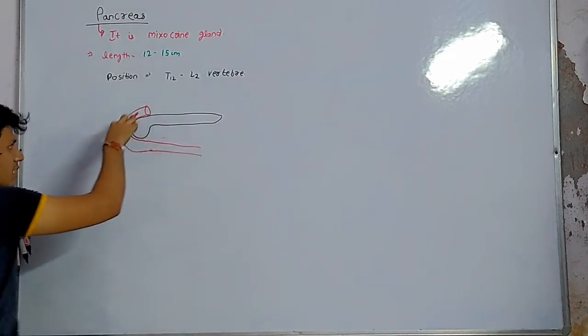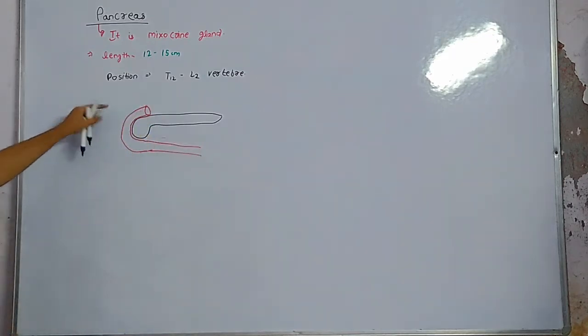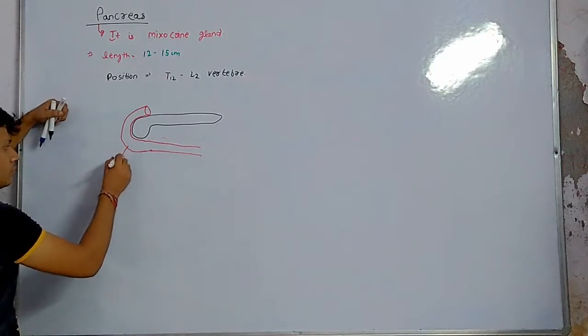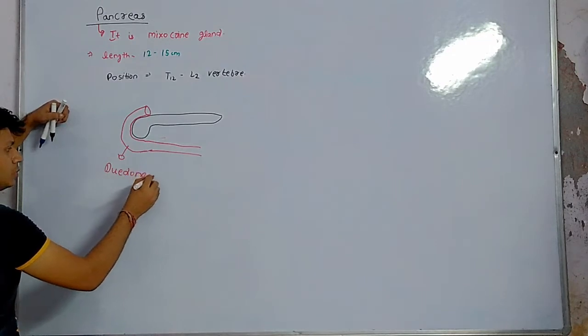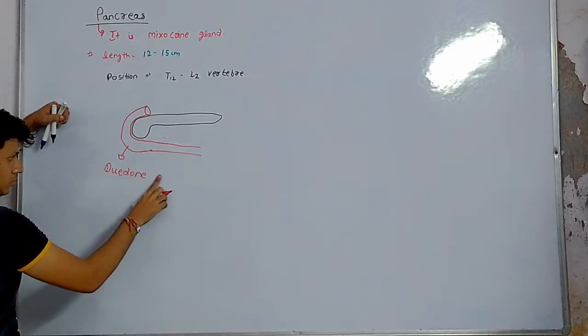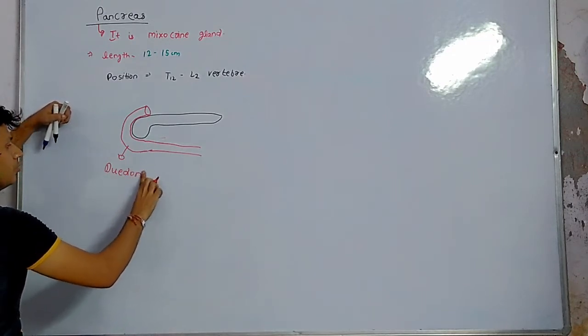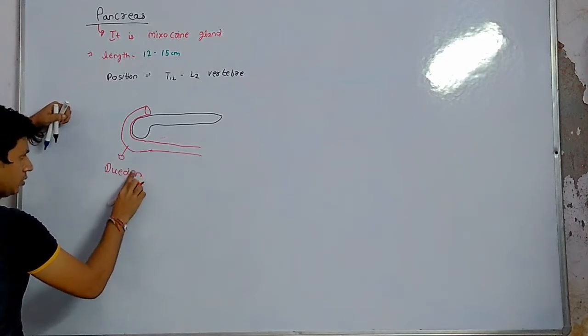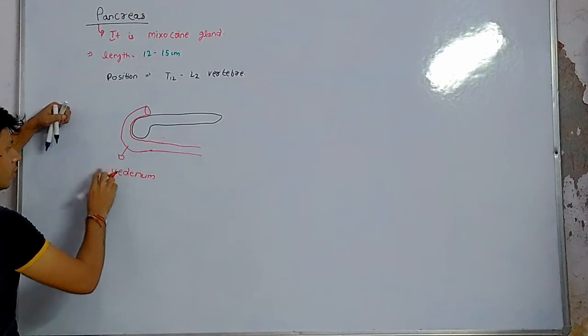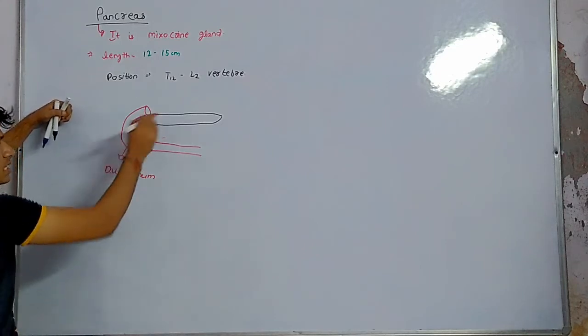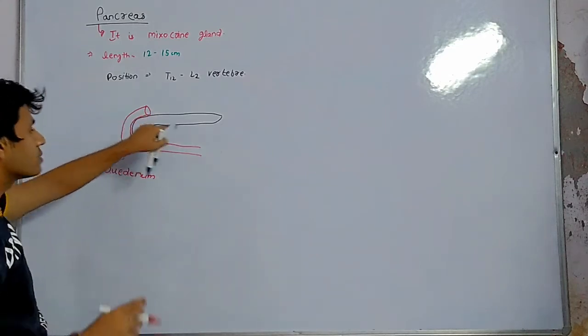This is the C-shaped concavity of the duodenum. This is the duodenum. Now, this whole thing is the pancreas.